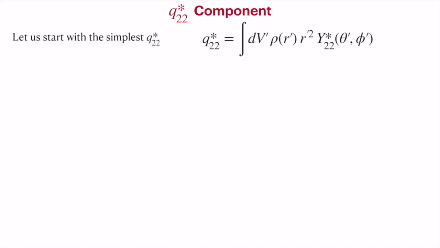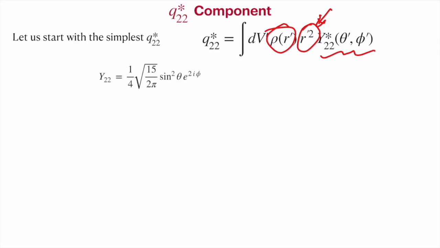Let's look at the last one, that is a Q star 22, and that is essentially integrated with respect to y22 spherical harmonics, and r square is for all the quadrupole moments, and density integrated over the volume.